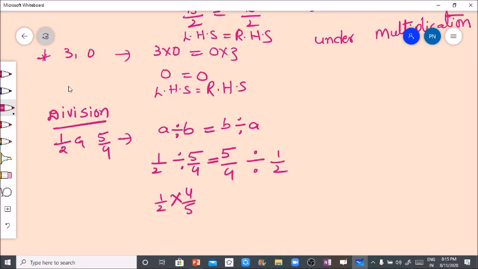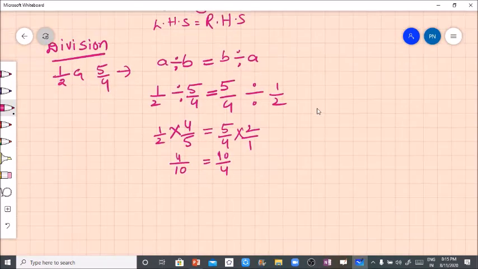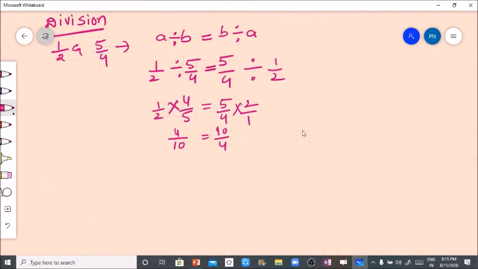We can change division into multiplication, then the reciprocal is coming: 4 by 5 equals 5 by 4 into 2 by 1. 4 1s are 4 by 5 2s are 10, and 5 2s are 10 divided by 4 1s are 4. I am not going to take the shortest form. See here, is LHS equal to RHS? No, it's not equal.